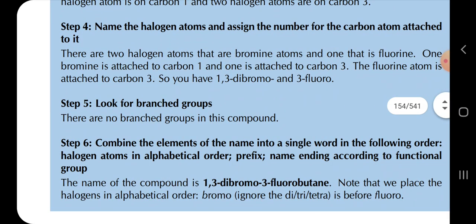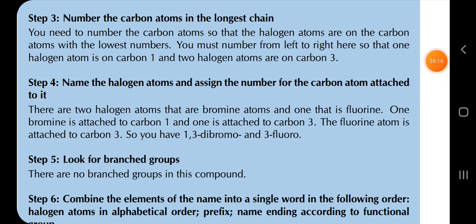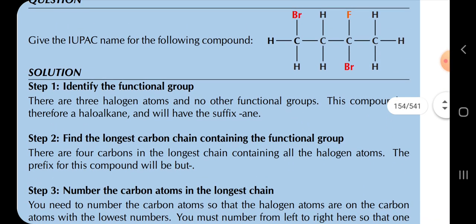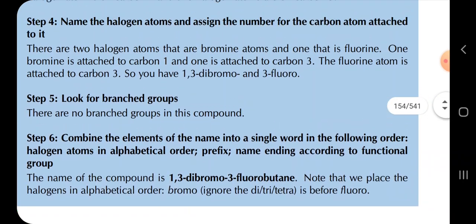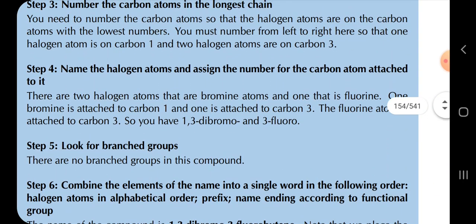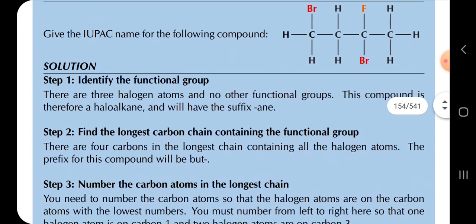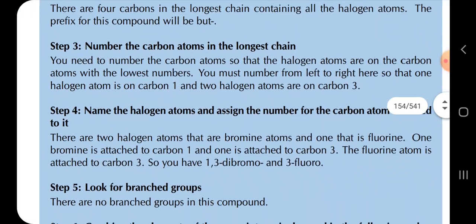And then the dibromo, the di will be for 2. We have 3 functional groups: 2 Brs and F. And then we have bromo. The name has to start with that.